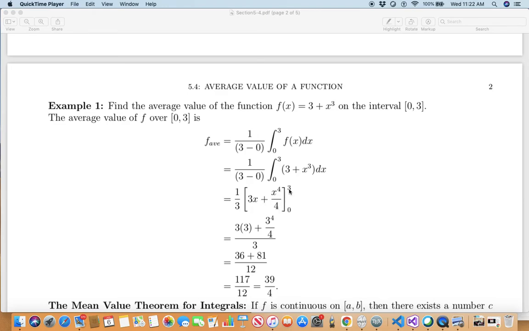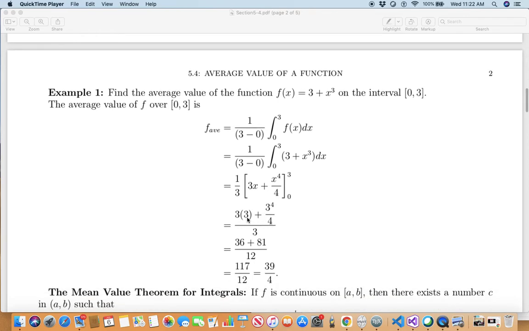Evaluating this at 3, and evaluating this at 0 gives me 0, because that's a 0, that's a 0. So all I need is the value at 3. 3 times 3 is 9. This is 81 over 4. Simplify, and all of that gets me 39 over 4.